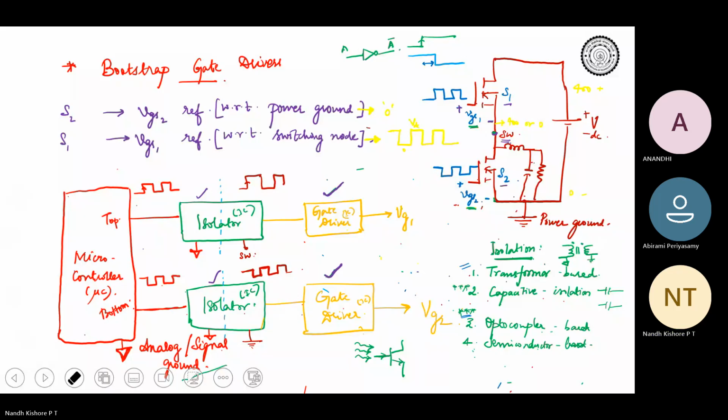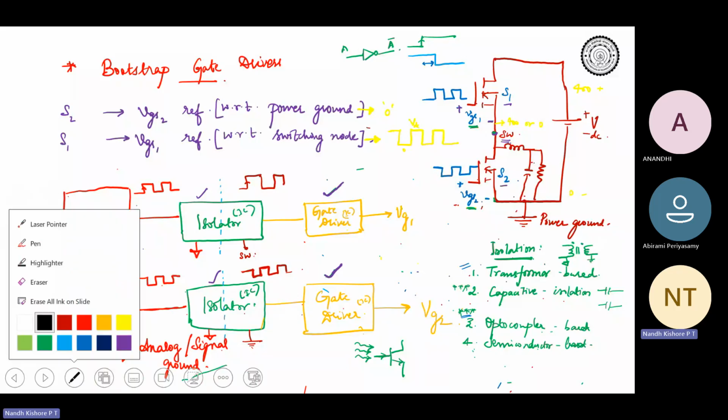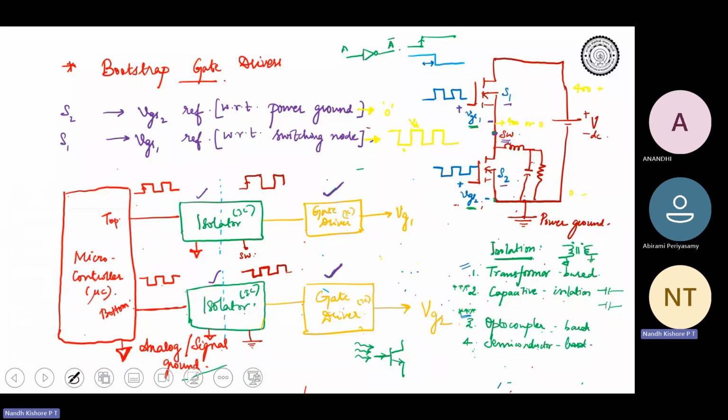Now in this figure, can you tell if any stage is not necessary, that is extra? The gate driver is obviously required. Now, can I do away with this isolator or this isolator? What will happen if both these are common?